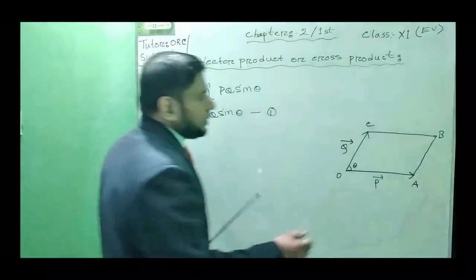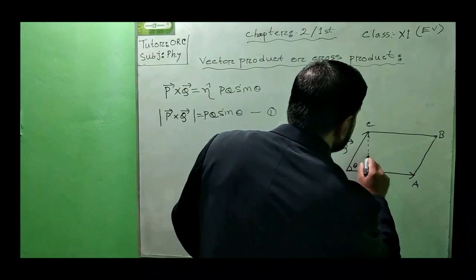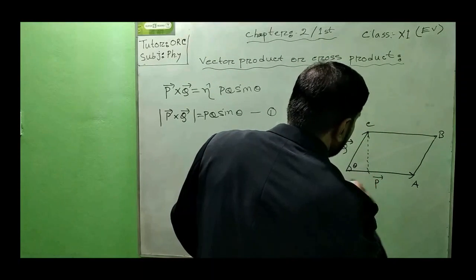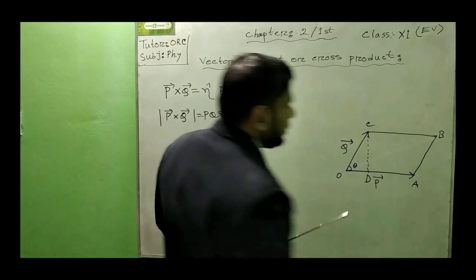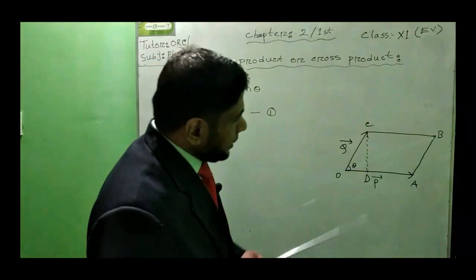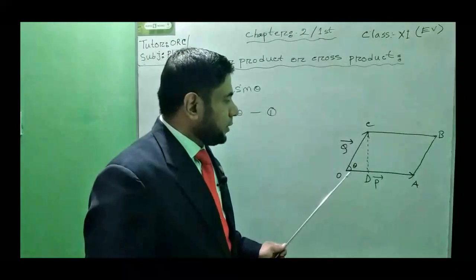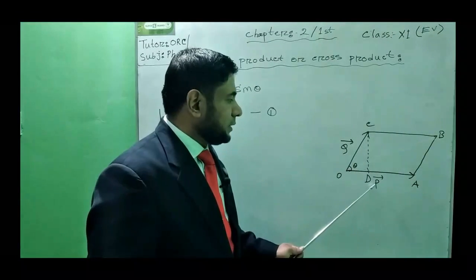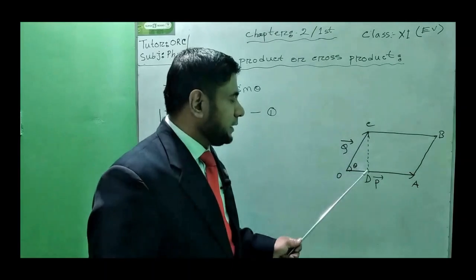Let us draw a normal from C on the base OA of the parallelogram. Suppose it is CD. We have drawn a normal from the point C on the base OA, that is P, of this parallelogram. The normal is CD.